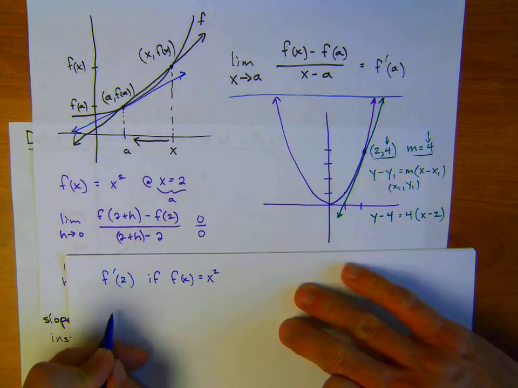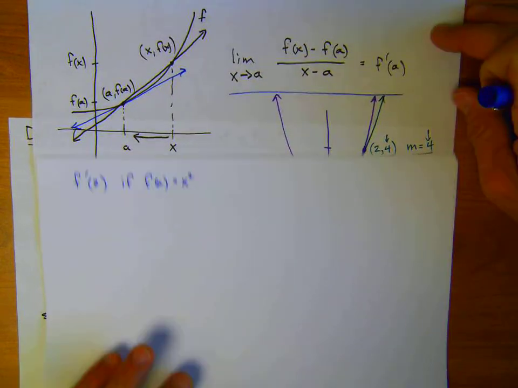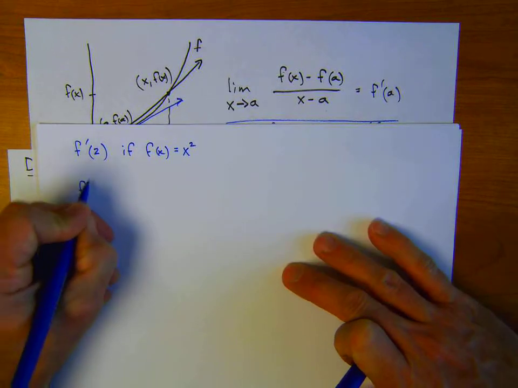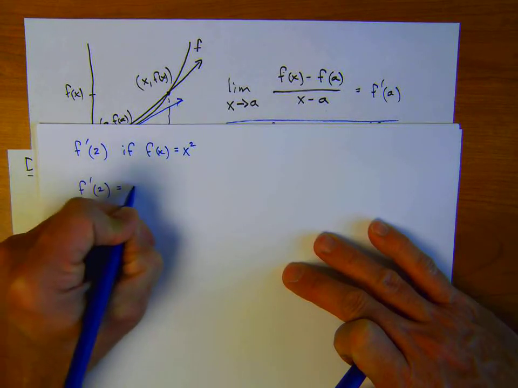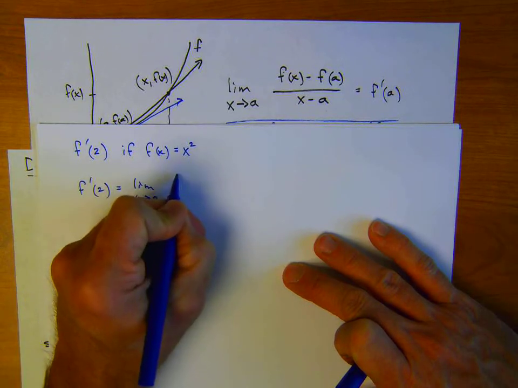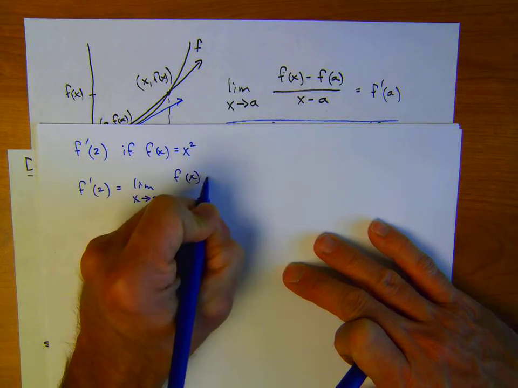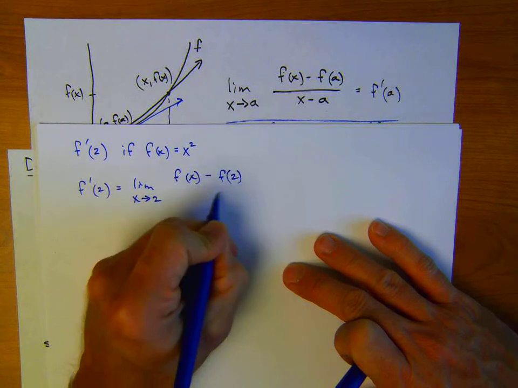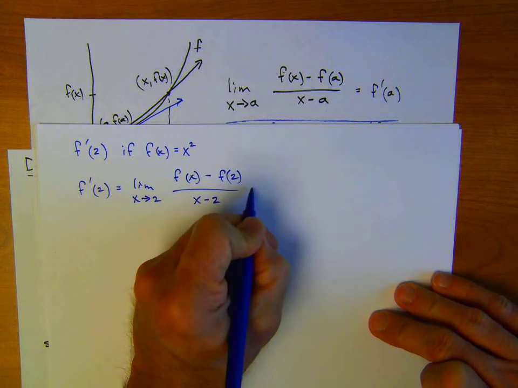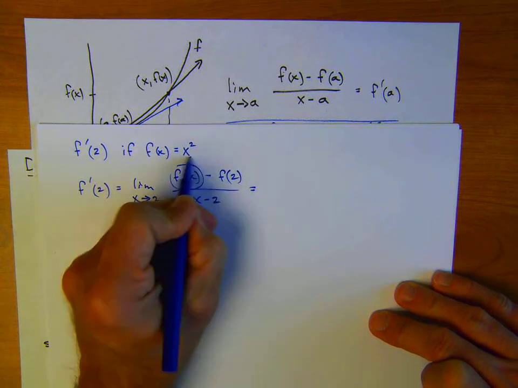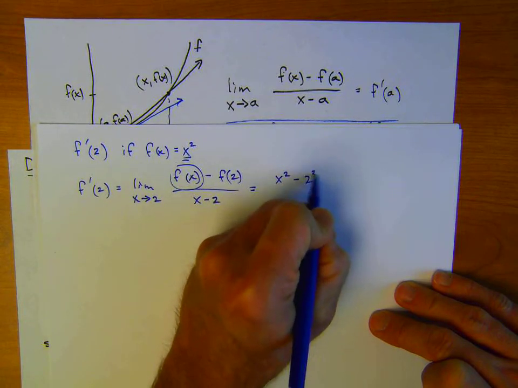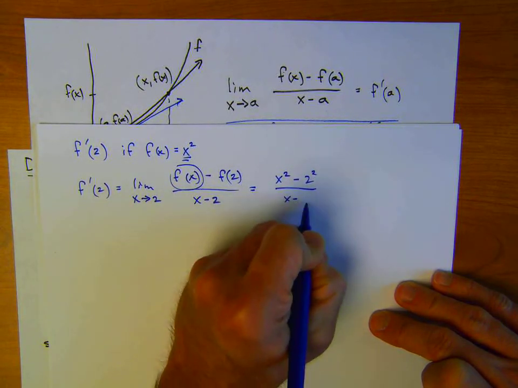So using this formula, f prime of 2 equals the limit as x approaches 2 of f of x minus f of 2 over x minus 2. Now f of x is x squared, and f of 2 is 2 squared, over x minus 2.